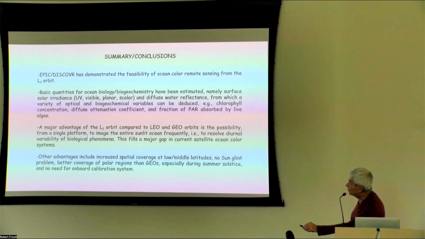So I think this would really fill this gap. The other advantages are increased spatial coverage at low latitudes, no sun glint problem, better coverage of polar regions compared to GEO, especially during the summer solstice, and no need for an onboard calibration system.